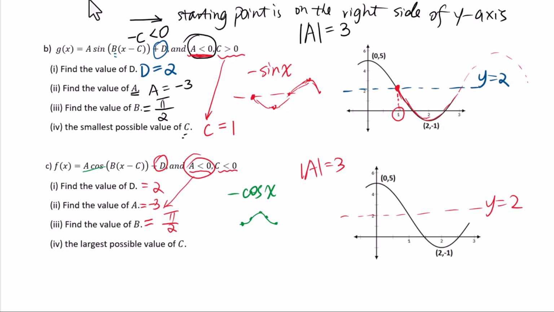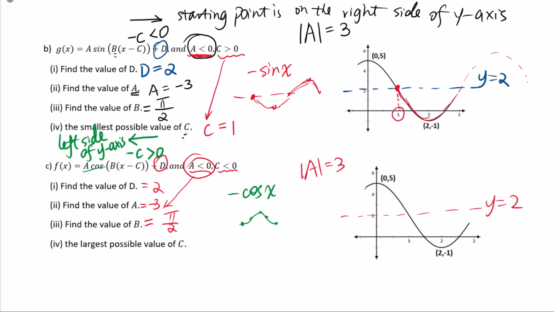Since c is negative, the inside is linear. We have a horizontal translation to the left. You need to figure out the starting point on the left side of the y-axis. Then draw this pattern.